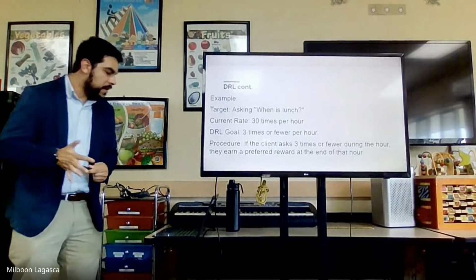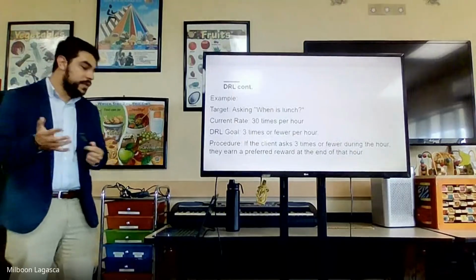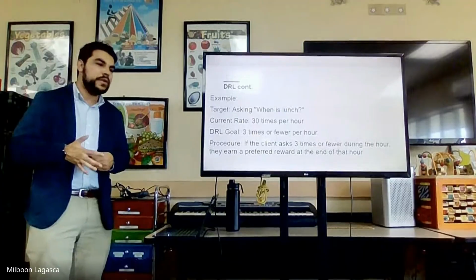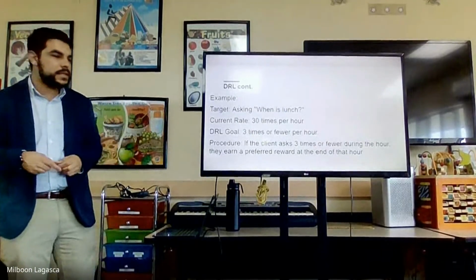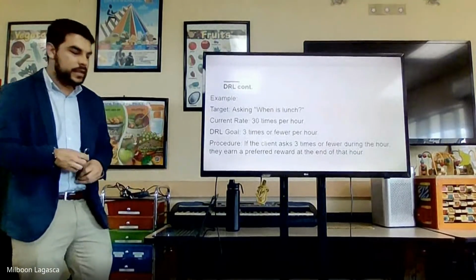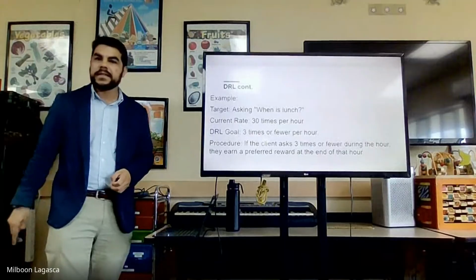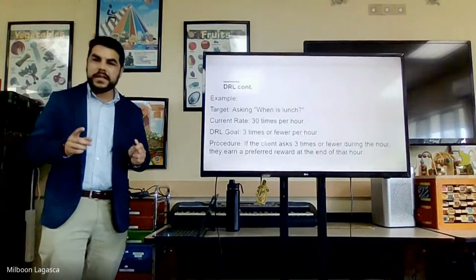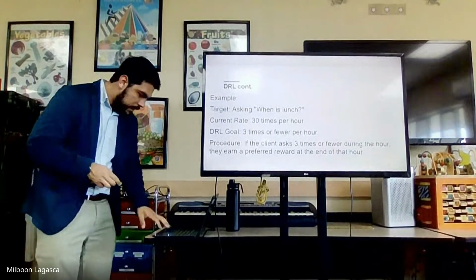So if the client asks 3 times or fewer, then they can get reinforcement in the form of praise, if that's what helps them, or access to a preferred activity, things like that. So that is DRL.